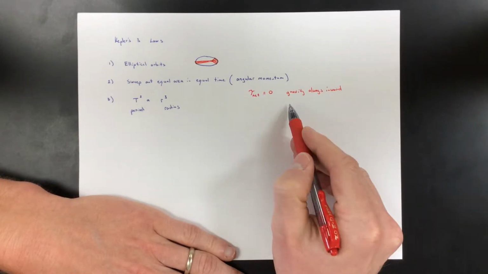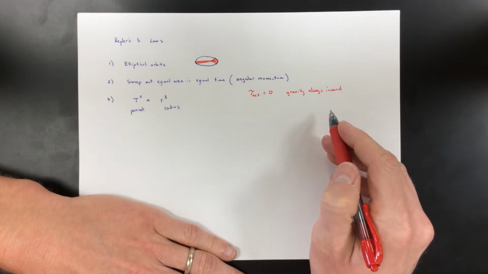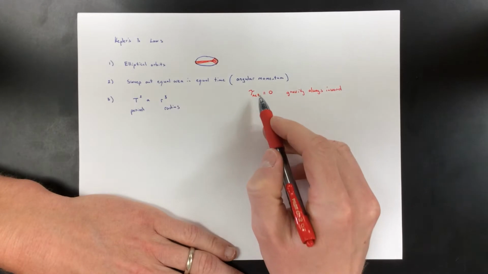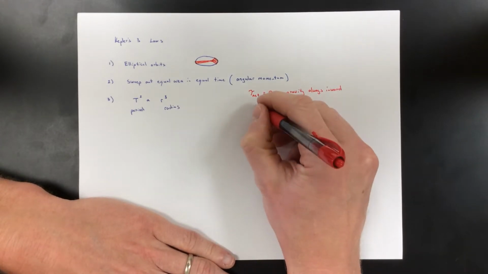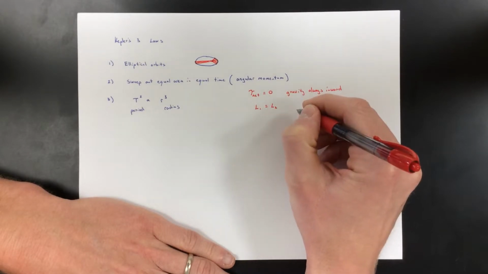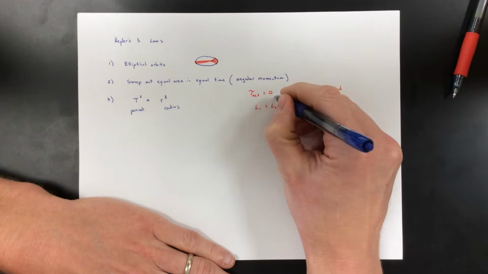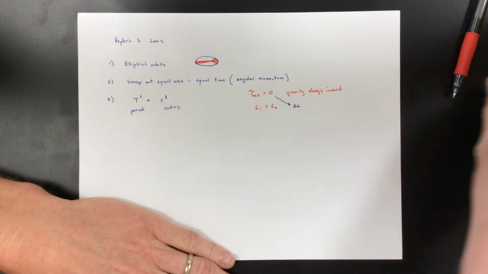The force is back and the lever arm is straight back, so there's no perpendicular arm, and so there's no net torque. Gravity is not going to cause a net torque. So we can say the angular momentum at one spot equals the angular momentum at another spot, because if there's no net torque, there can be no change in the angular momentum.